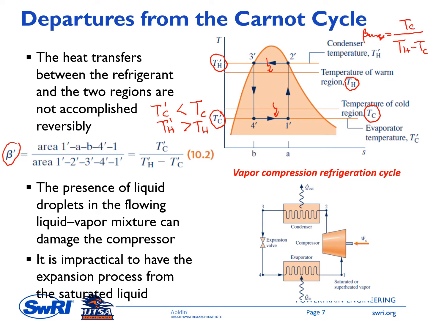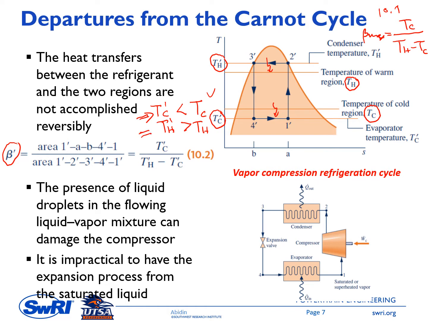So first, looking at the condition of TC prime lower than TC, by looking at this formula 10.2 or this one, 10.1, as we lower TC, beta max decreases. So this will have a worse effect on the performance of the system.